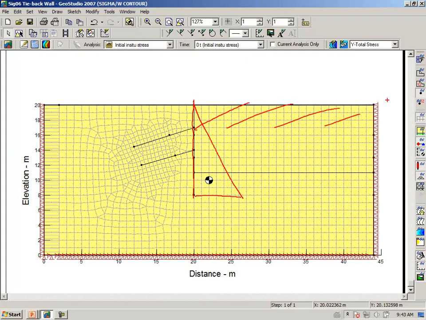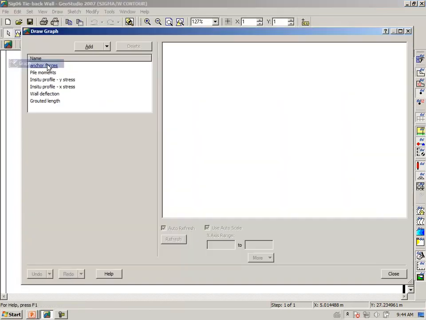It is in essence a form of this stress that will have to be retained by the sheet pile wall and the anchor system. So the first thing now we need to do is to make a plot of the lateral horizontal or X stress where the beam, the sheet pile wall, will eventually be. Draw a graph.